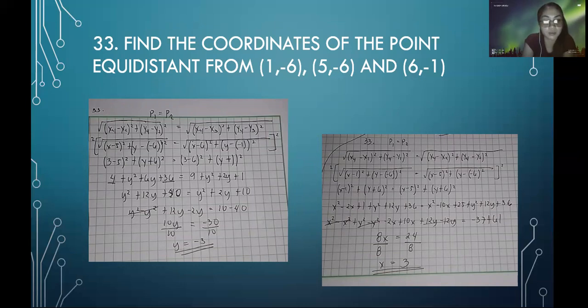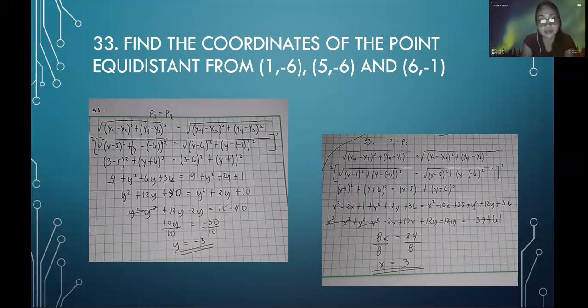Then square both sides to become (3 minus 5) squared plus (y plus 6) squared equals (3 minus 6) squared plus (y plus 1) squared. So 4 plus y squared plus 12y plus 36 equals 9 plus y squared plus 2y plus 1.